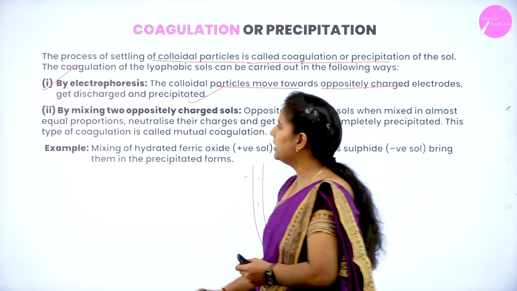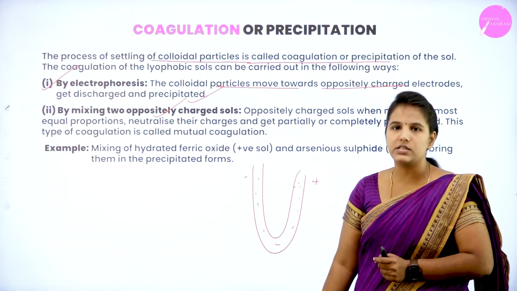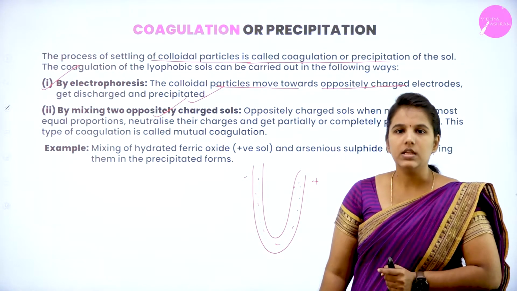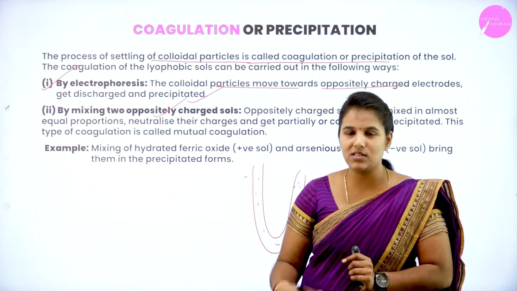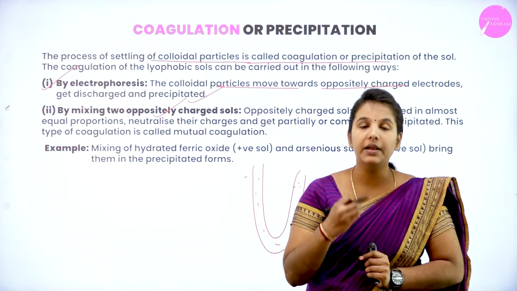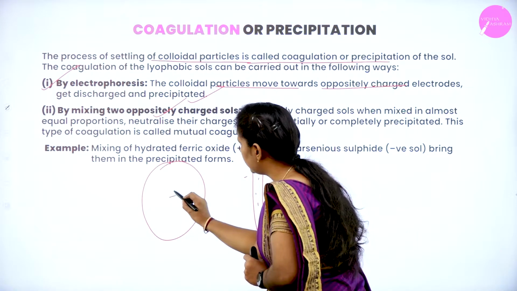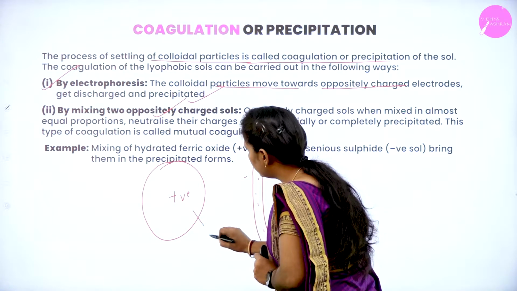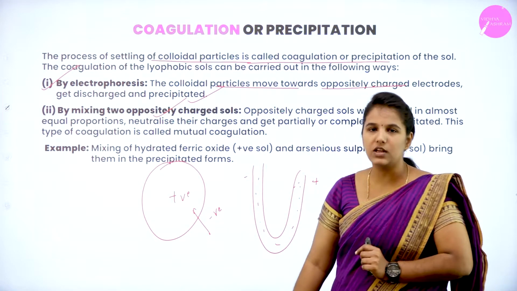And the second method is by mixing two oppositely charged sols. Suppose your colloidal solution which consists of positive charges is mixed with oppositely charged particles. For example, to your colloidal solution which has a positive charge, we are going to mix the negatively charged particles of the sol.